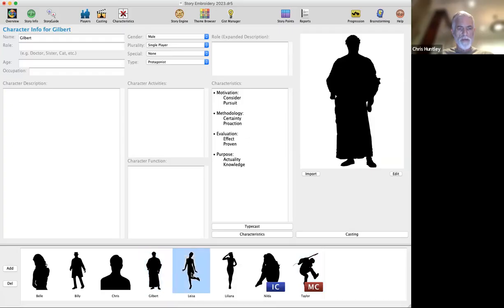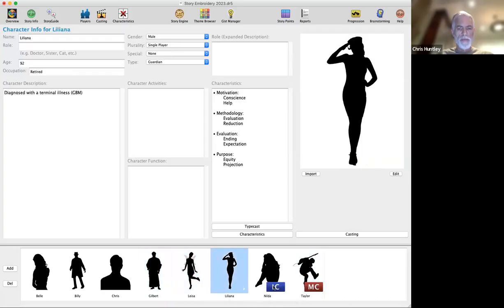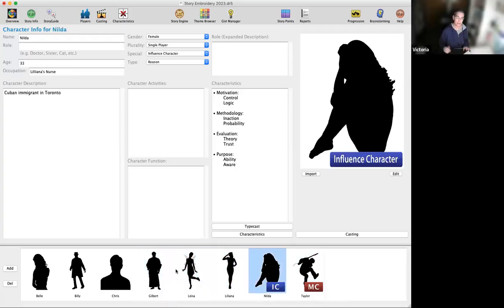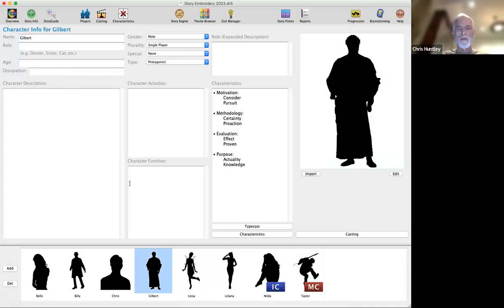We have Lisa, we have Lillian, and Gilbert is the protagonist. Gilbert is the only one that's left, other than Taylor. So he is 21, also like Taylor. He is a student, but the nice thing is he is Nilda's younger brother.